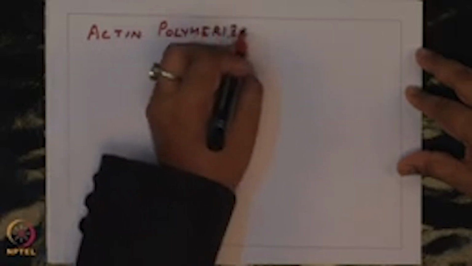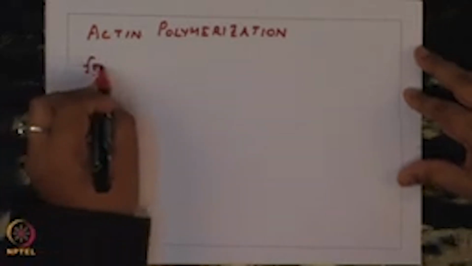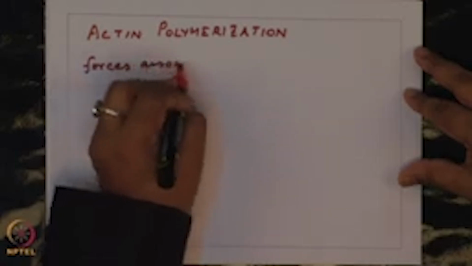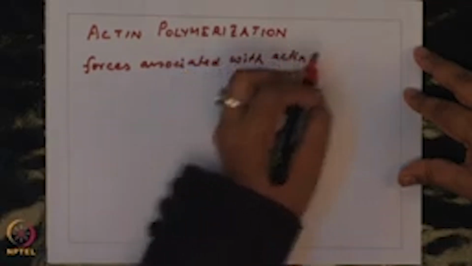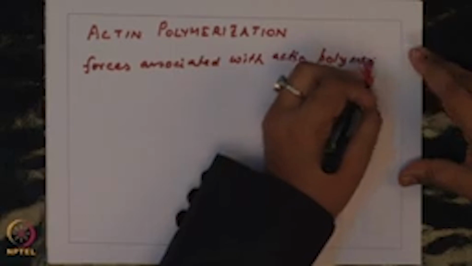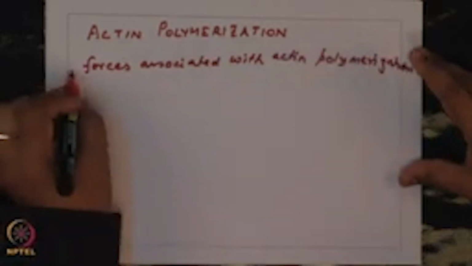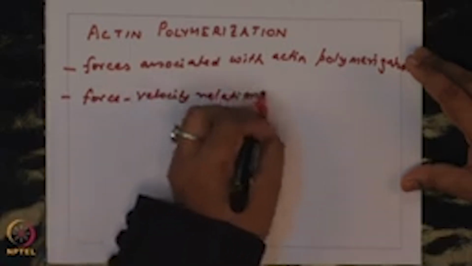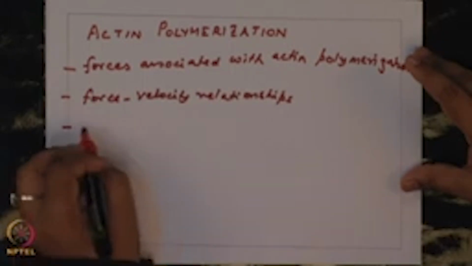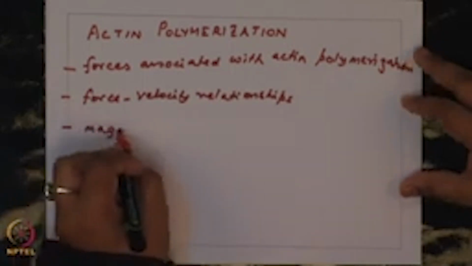So, we are talking about actin polymerization and we are trying to understand how we can quantify the forces associated with actin polymerization and the nature of force velocity relationships, and calculating the magnitude of stall force.